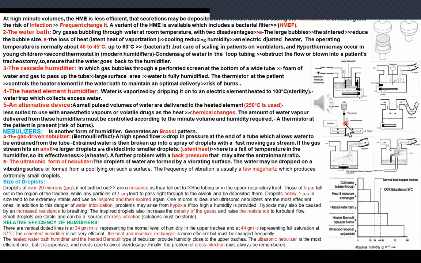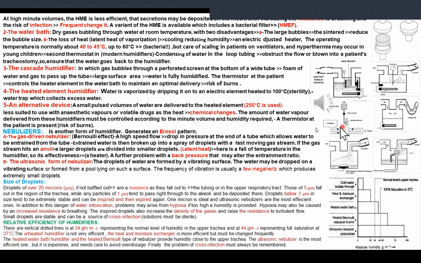On the other hand, we have what we call the heated element humidifier, which is a heated element. This heated element is dropped in water. This water causes the process of vaporization going to the patient. Of course, we have a collecting tube for extra water. And on the other alternative method, we have what we call a heating element.